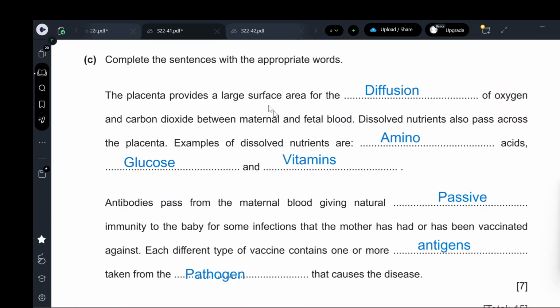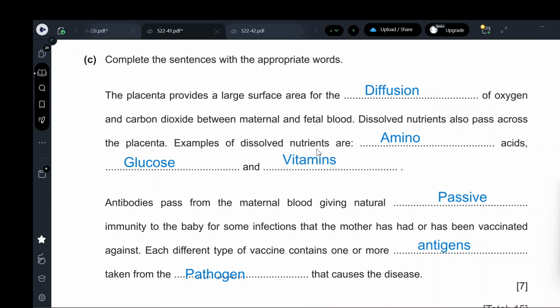Okay, this was an easy question. The placenta provides a large surface area for the diffusion of oxygen and carbon dioxide. Any gases that move inside the body move by diffusion. Dissolved nutrients also pass across the placenta, such as amino acids, glucose, vitamins, and minerals. Antibodies also pass from the mother to the baby.